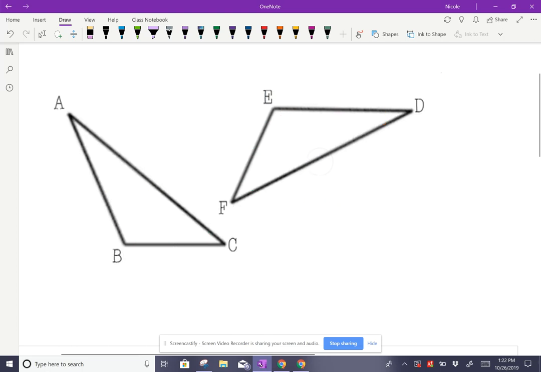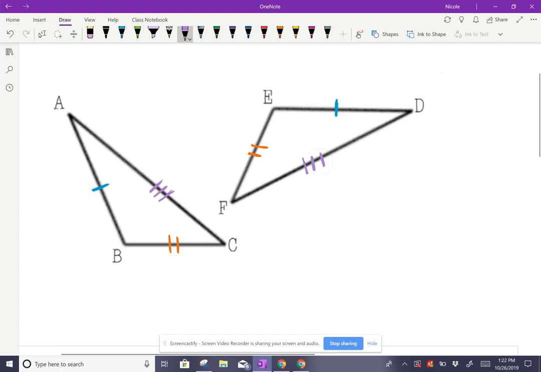So if I'm given 2 triangles and parts of the information provided are that AB is congruent to ED, and BC is congruent to EF, and AC is congruent to FD, then the 3 sides have a corresponding congruent piece.